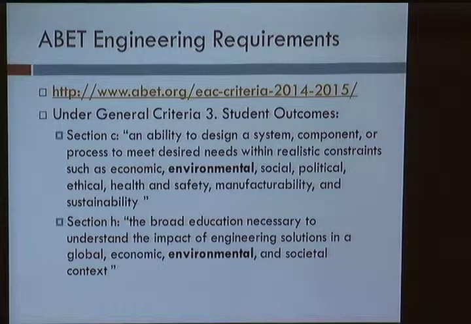This is the part that says engineers design systems that have to work and function within the real world, so they have to make things with that in mind. That's a pretty tall order, but it's what they do. And there's another section that basically says they need to be able to evaluate designs with those realistic constraints in mind.